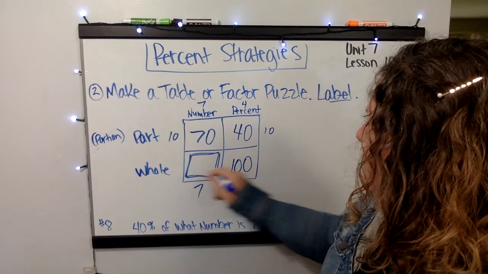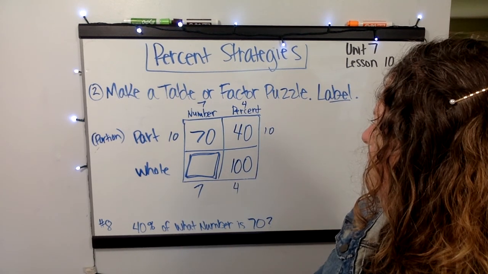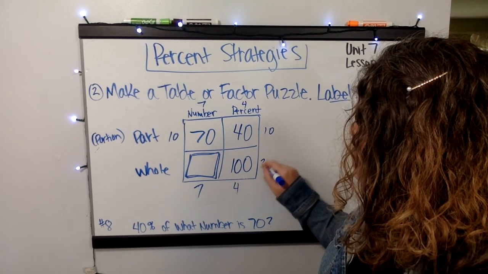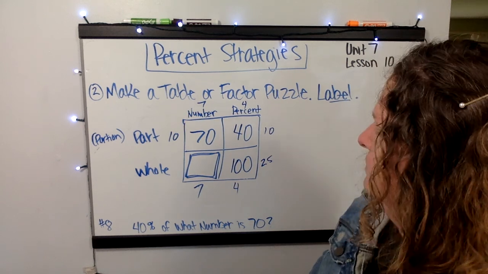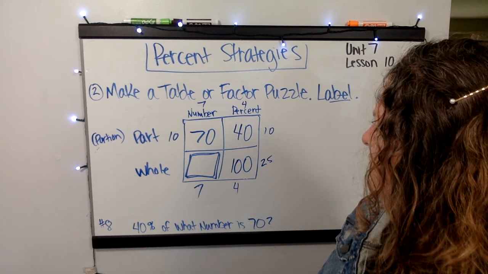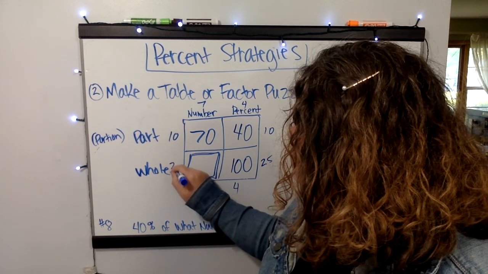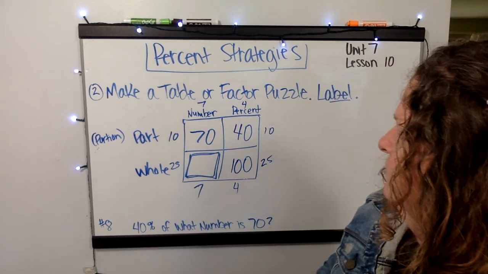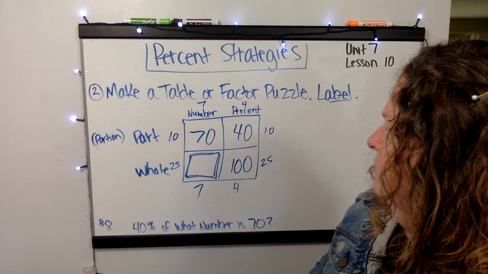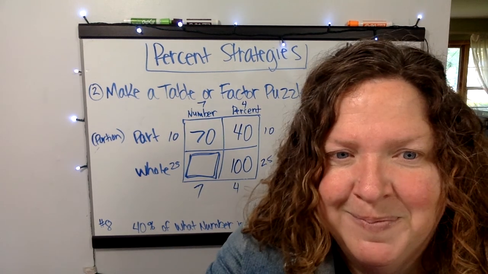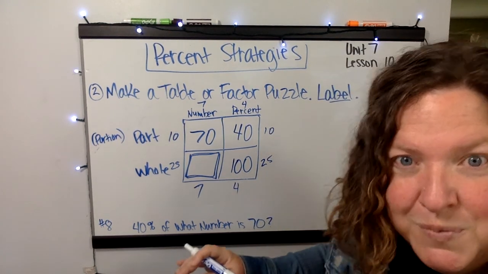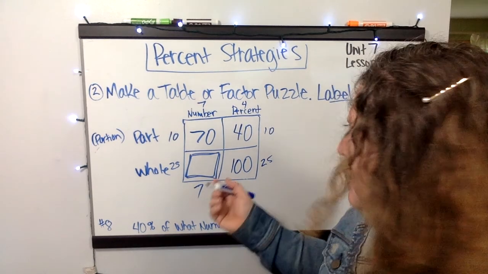4 times something gives me 100. 25. What's 25 times 7? Well, I know that's 175.